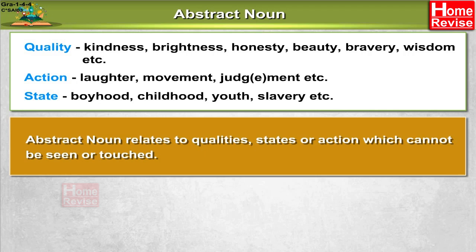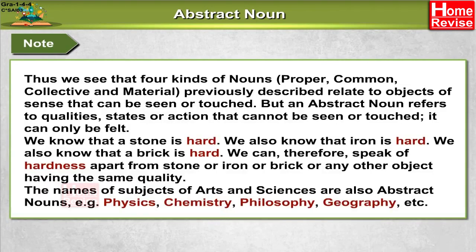J.C. Nesfield. Note: thus we see that four kinds of nouns, proper, common, collective, and material, previously described, relate to objects of sense that can be seen or touched. But an abstract noun refers to qualities, states, or action that cannot be seen or touched.